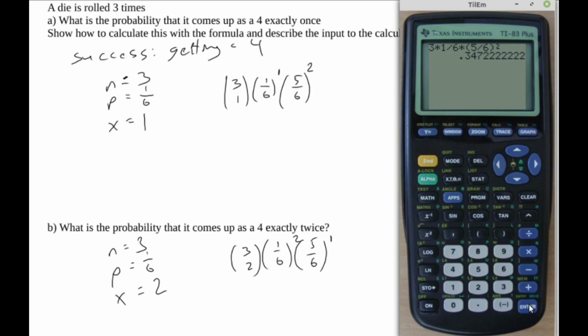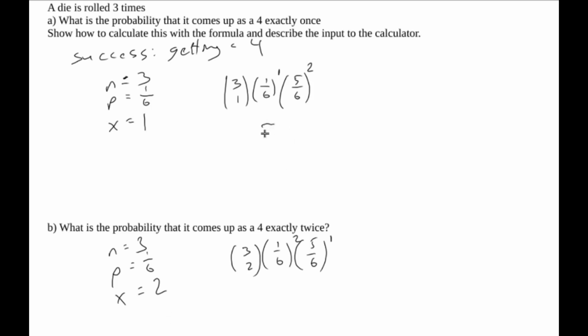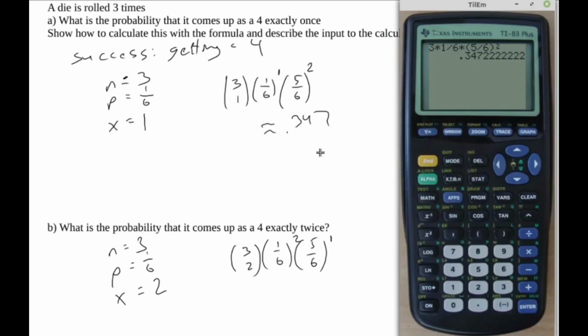But there's actually a specialized function. This is approximately 0.347. There actually is a specialized function on this calculator that allows us to not have to remember this whole formula. It's called a binomial PDF. To get to it on the TI-83 calculator, or the graphing calculators in general, you'll press second and then go into distributions.